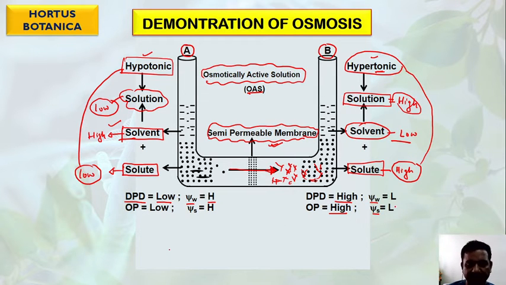So in terms of DPD, this is the movement of water from low DPD to high DPD, or from high water potential to low water potential, isn't it? Also in terms of osmotic pressure or solute potential, we can define it the same way: osmotic pressure, low to high, or solute potential, high to low. So this is just the basic concept of osmosis, and you can define it in several ways.